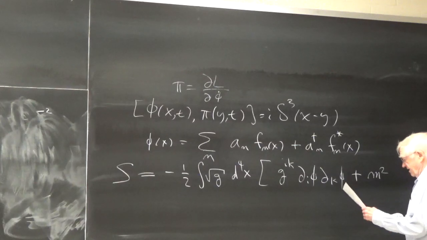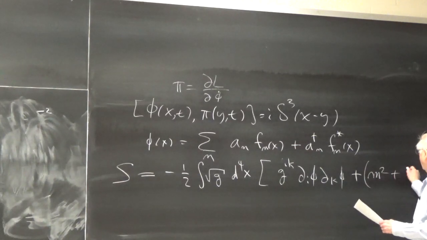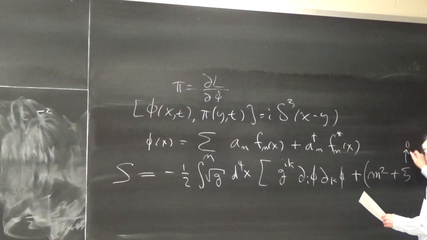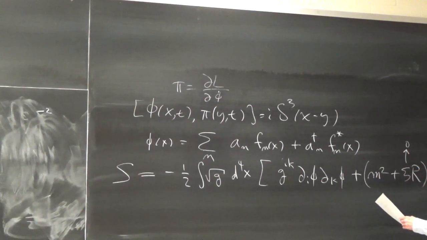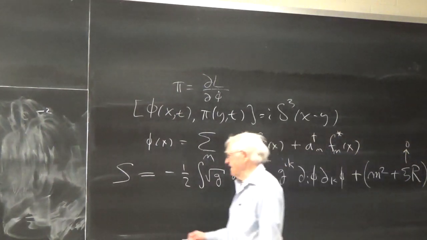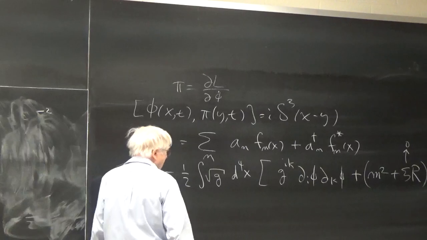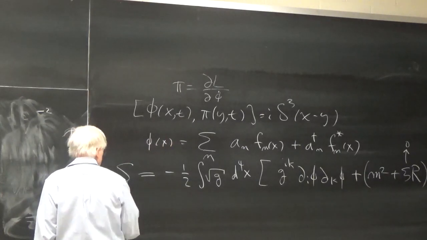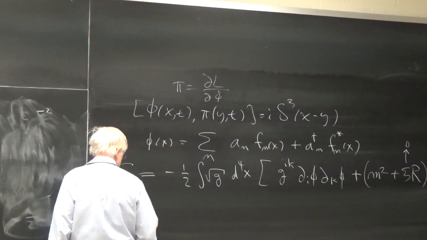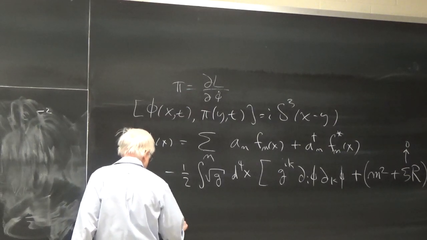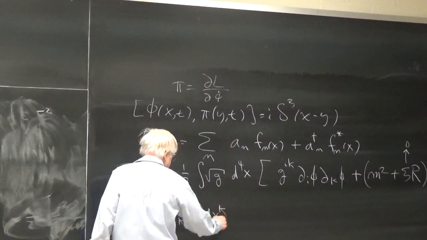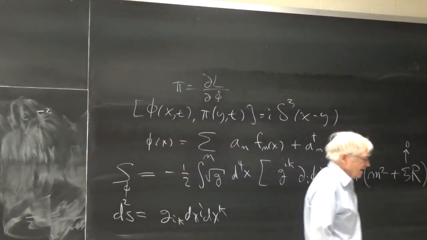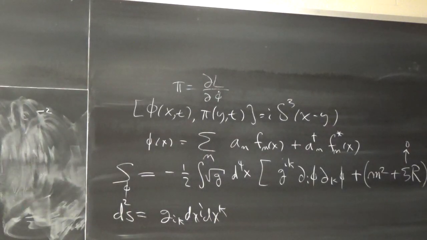One can add another term. I'll add it briefly, but I'm going to set this to 0 pretty soon. So this is the action of the scalar field. g is the metric of space-time, so the invariant metric is g_ik dx^i dx^k. This is the thing that is the same in any coordinate system.